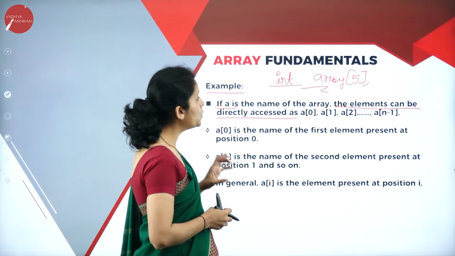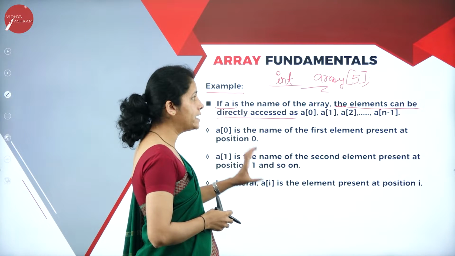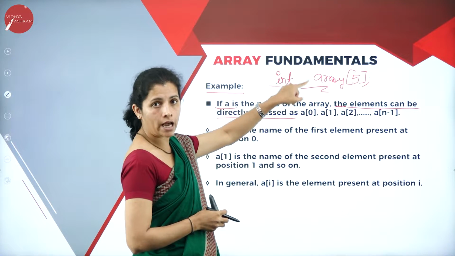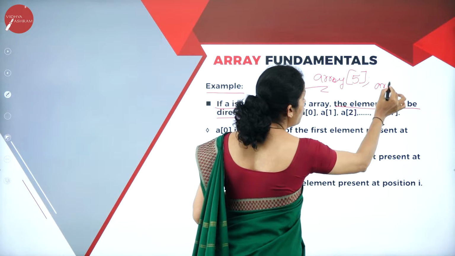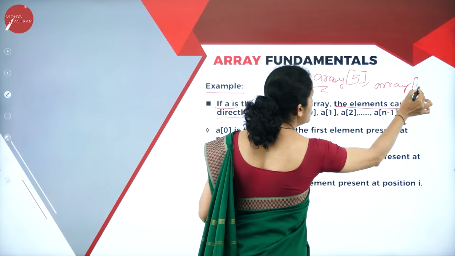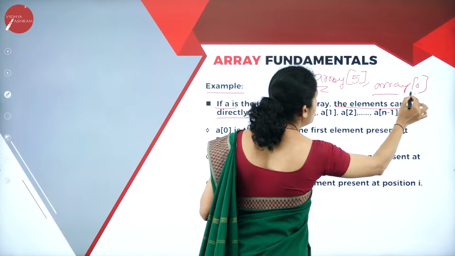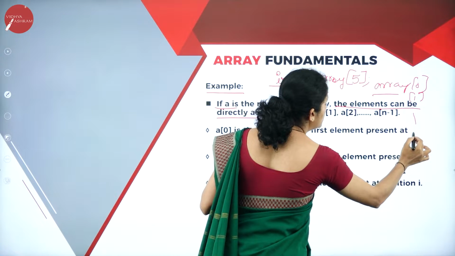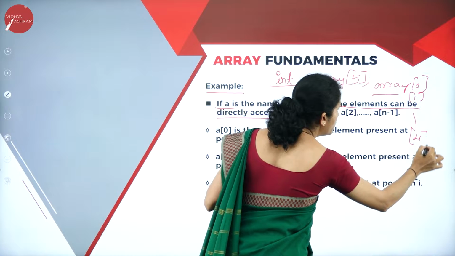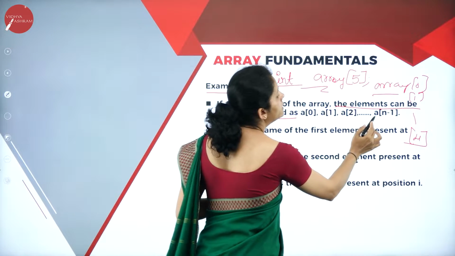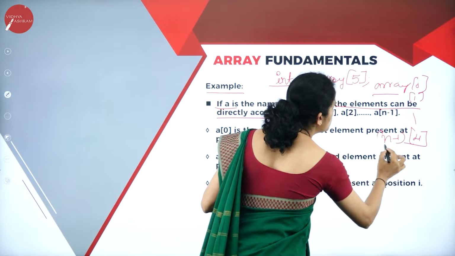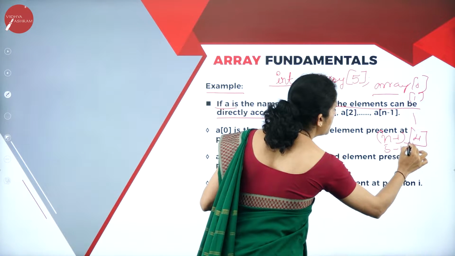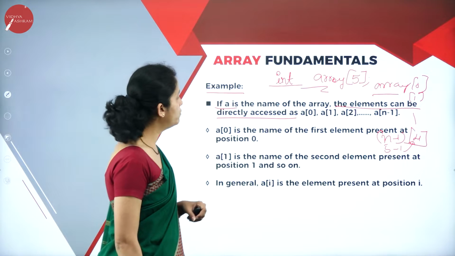Suppose I want to access the element or item stored in this array, how can I access? That is array of 0, next array of 1, until array of 4. So here it is n minus 1; 5 minus 1, I get the value 4.